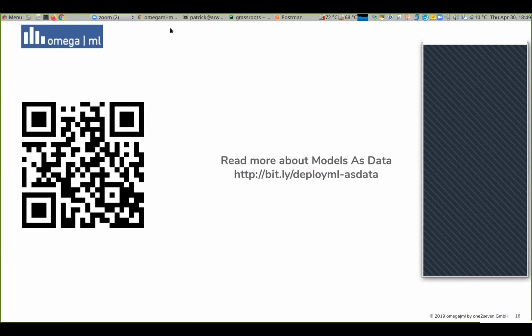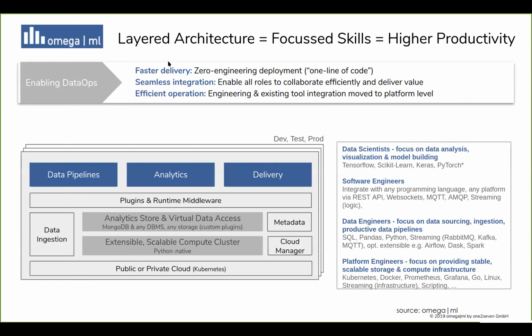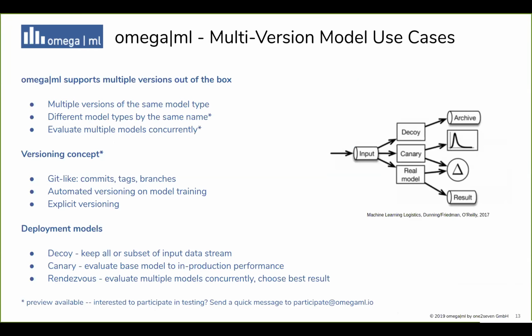Patrick, could you go back to your slides where you showed the running of multiple versions of a model? Exactly this one. Okay. So the question is, in the beginning you talked about this production system, and it sounded like the production system is not just the execution environment, but it would have to have some logic in there.